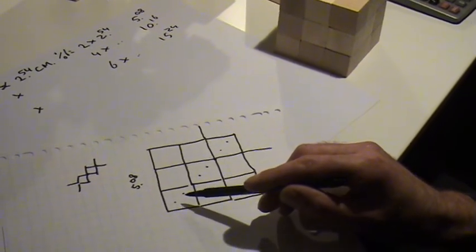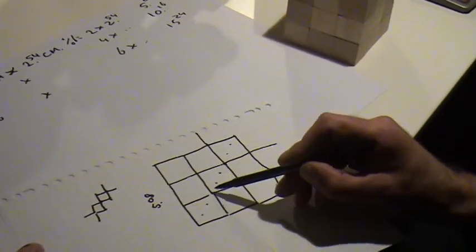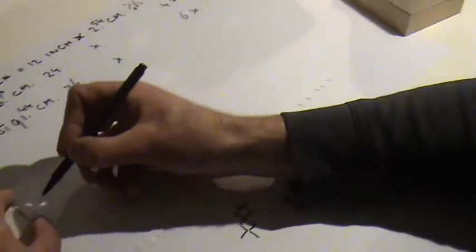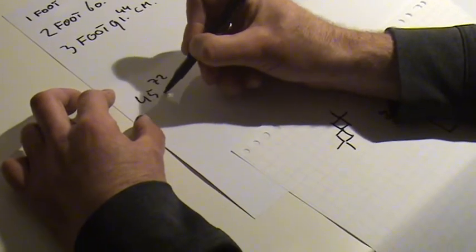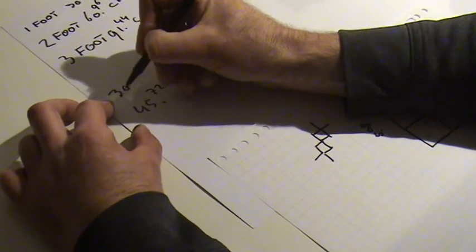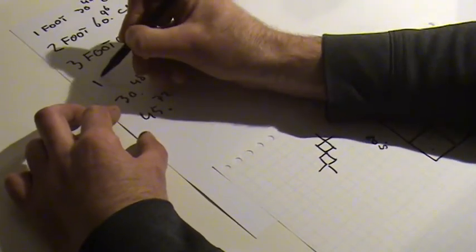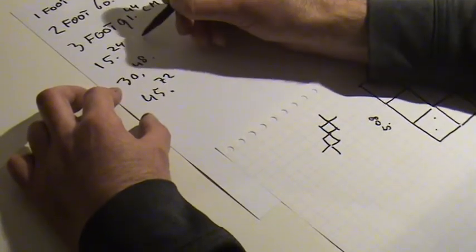The total of the block is 3 times the biggest distance. It's 4572. This one is 3048, and that one was 1524 centimeters.